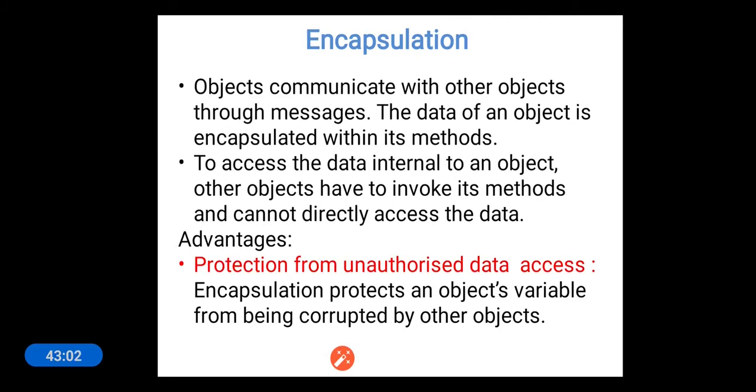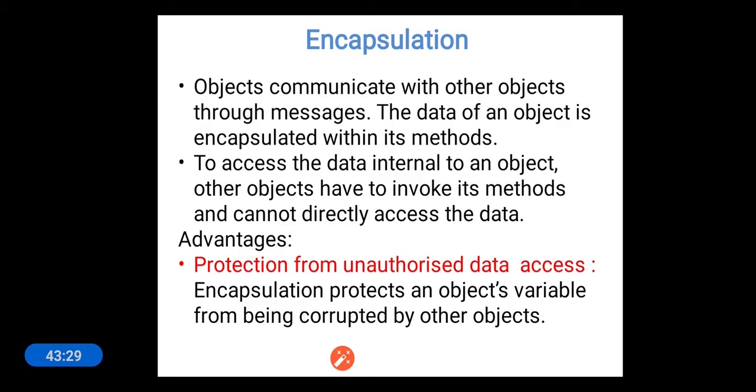The next key concept is encapsulation. Objects communicate with other objects through messages. The data of an object is encapsulated within its methods. That is, the hiding of an object's data within a method is called encapsulation. To access the data internal to an object, other objects have to invoke its method and cannot directly access the data.